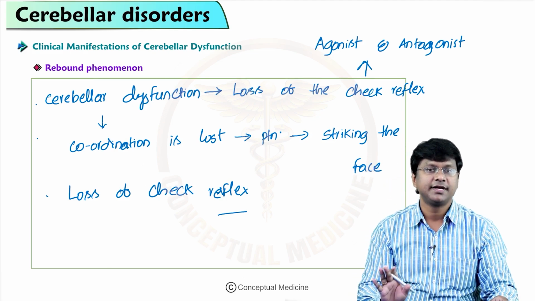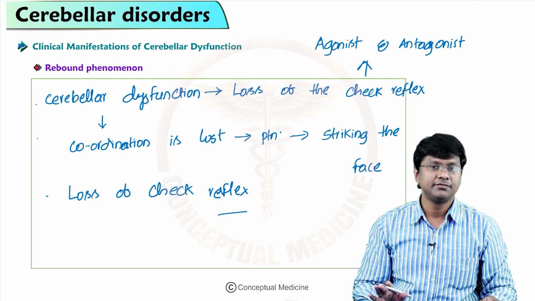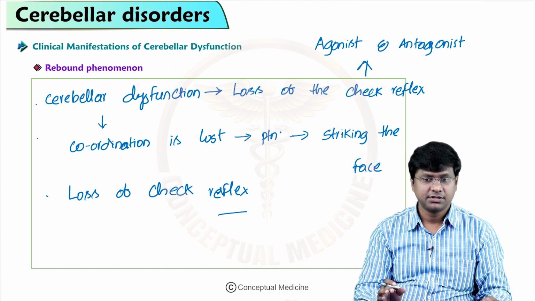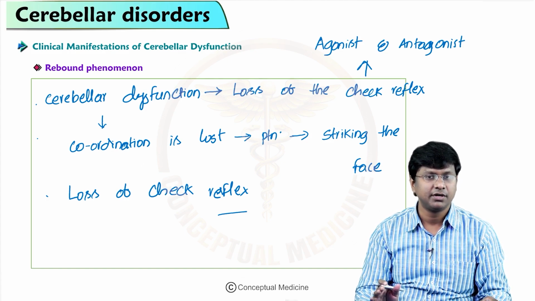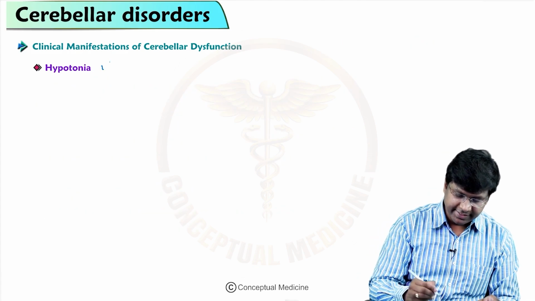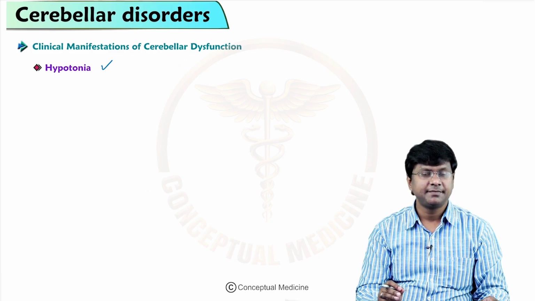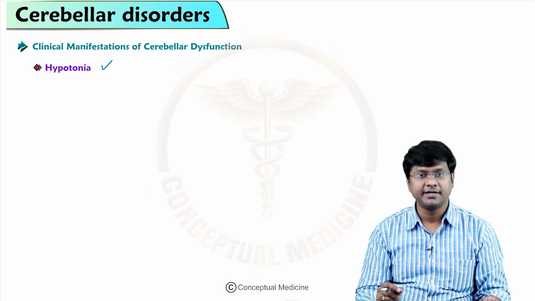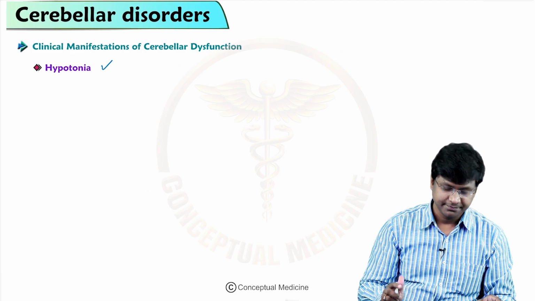Right, so that is about the rebound phenomenon. That means the individual will have loss of check reflex in scenarios of cerebellar dysfunction. Next, the cerebellum plays a very important role in maintenance of the tone of the individual.